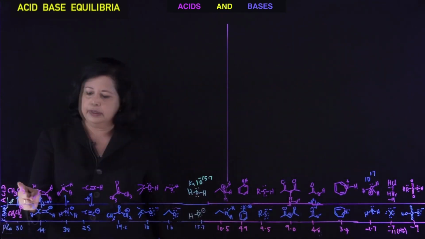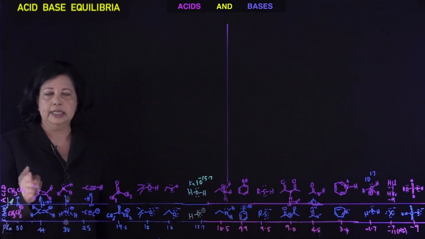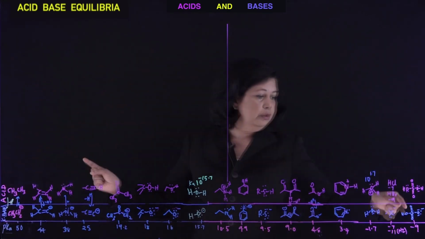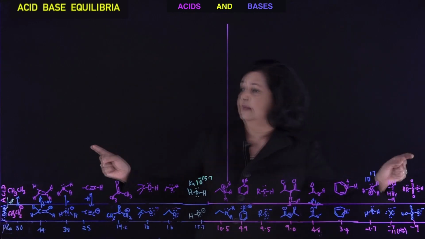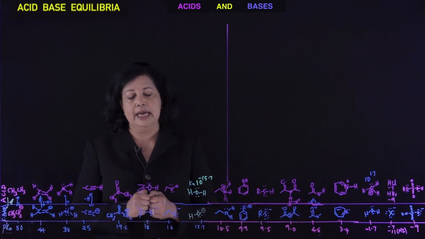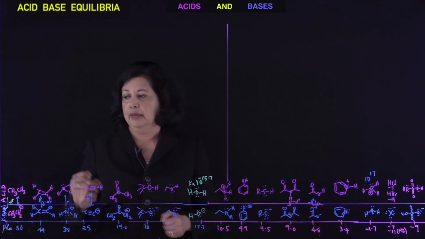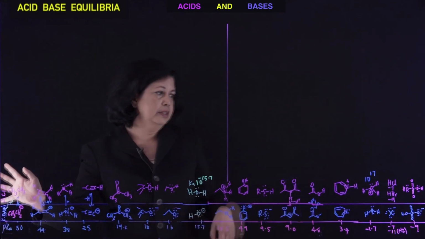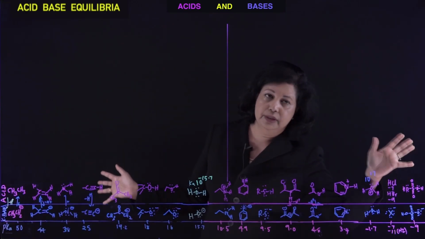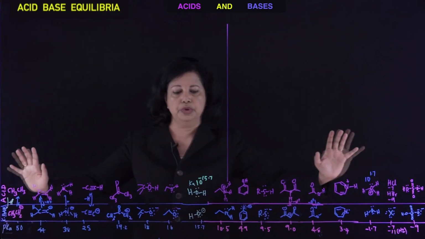Here the pKa for this molecule is 50, so the Ka is 10 to the minus 50. So we have a range here all the way from actually 10 to the 11 to 10 to the minus 50 Ka values. That is the acid dissociation constant. It can be 10 to the minus 50 for some molecules and about 10 to the 10 or 11 for some molecules. So you have a huge range.